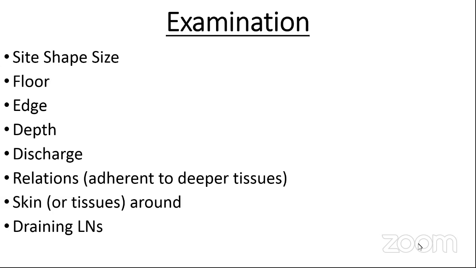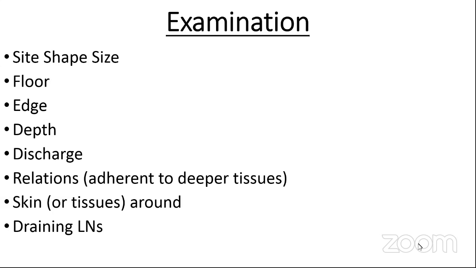Sometimes if it is posterior on the leg, look at the popliteal lymph nodes also. You must look for whether they are increased in number, bigger in size, and tender. Sometimes when there is infection, lymphadenitis, they can be tender. So this is how you have to examine the ulcer.